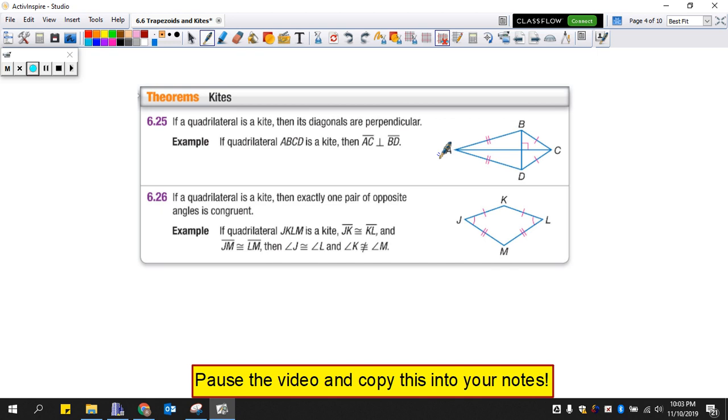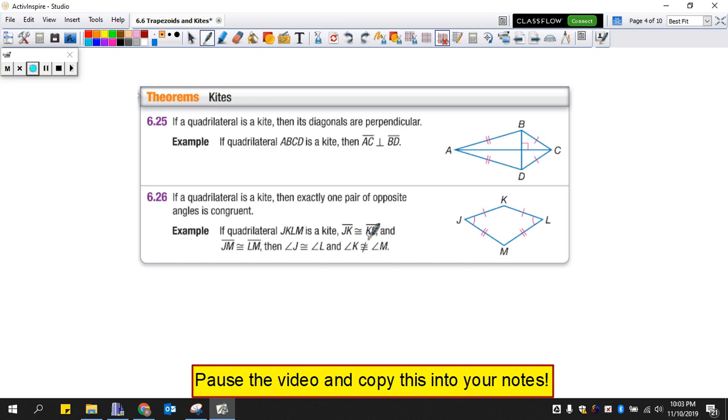This is the same thing, and this looks very much like a rhombus, except two of the sides are longer. Remember, a rhombus has all the same sides. This says its diagonals are perpendicular, meaning they cross at 90 degrees right here in the middle.